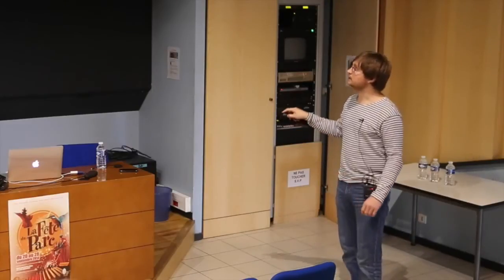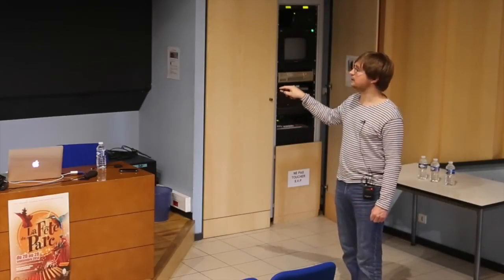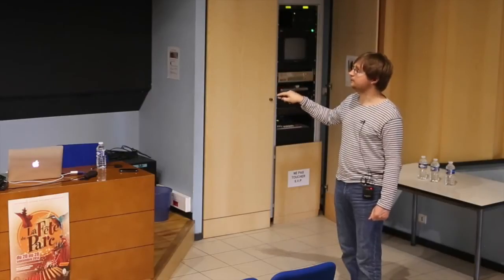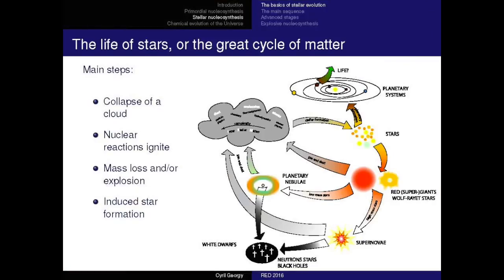So basically, the elements that are progressively built in stars during their life have different ways of going back to the interstellar medium, where they will be used to form new stars that are slightly enriched in different kinds of matter that was produced by earlier generations of stars.